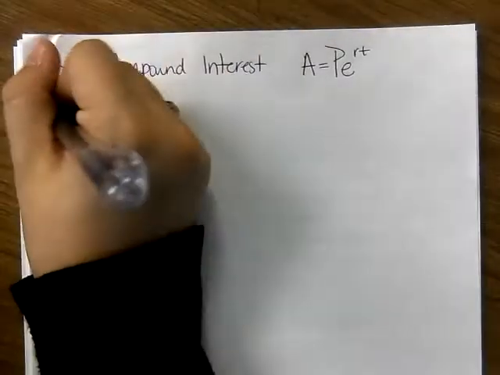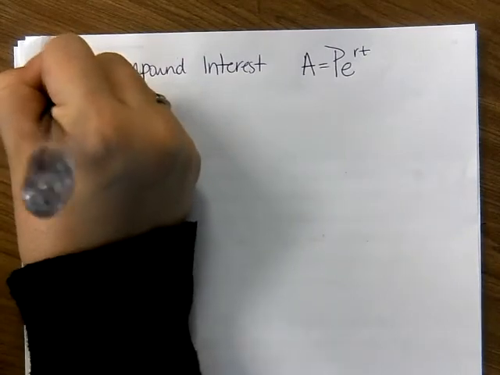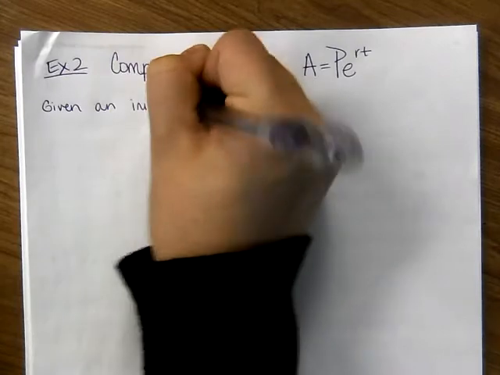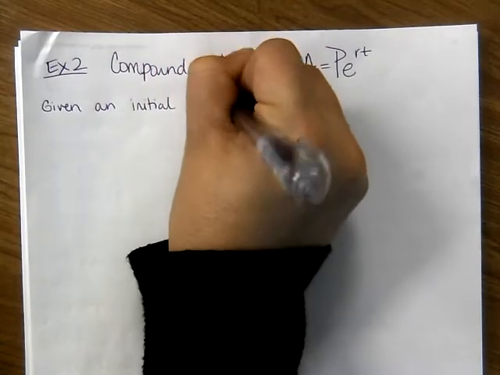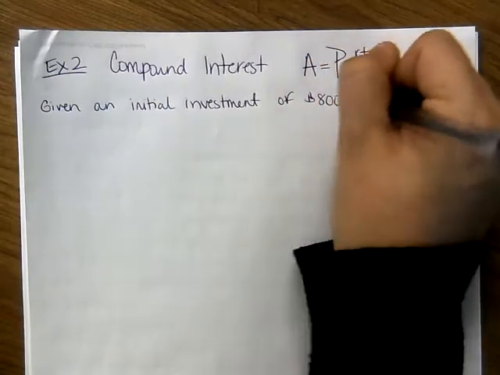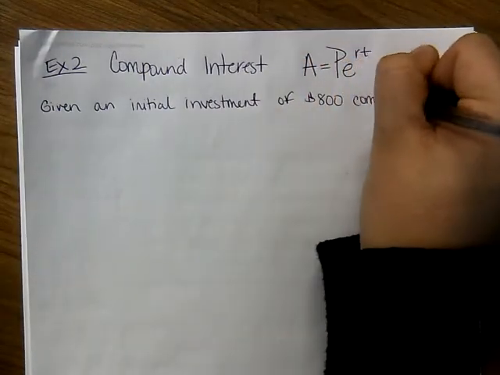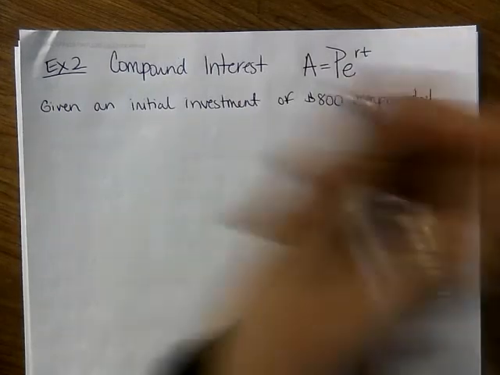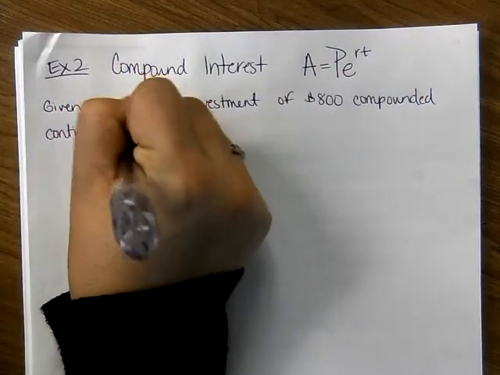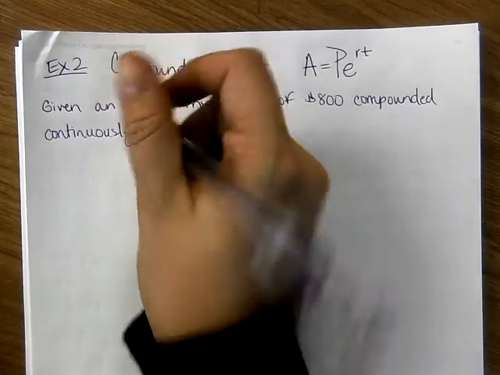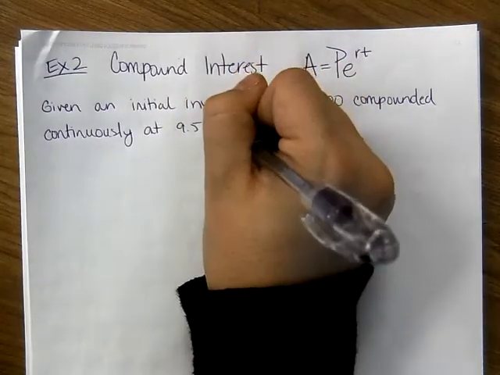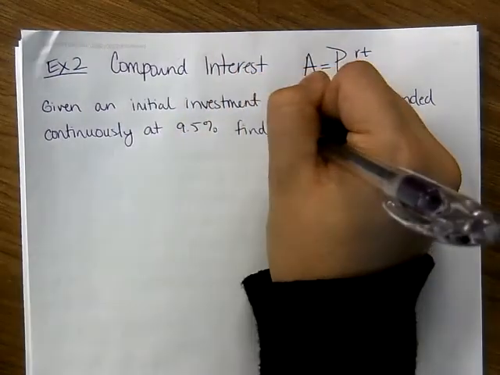Okay, so here's our situation. Given an initial investment of $800 compounded continuously at 9.5%, find 2 things.